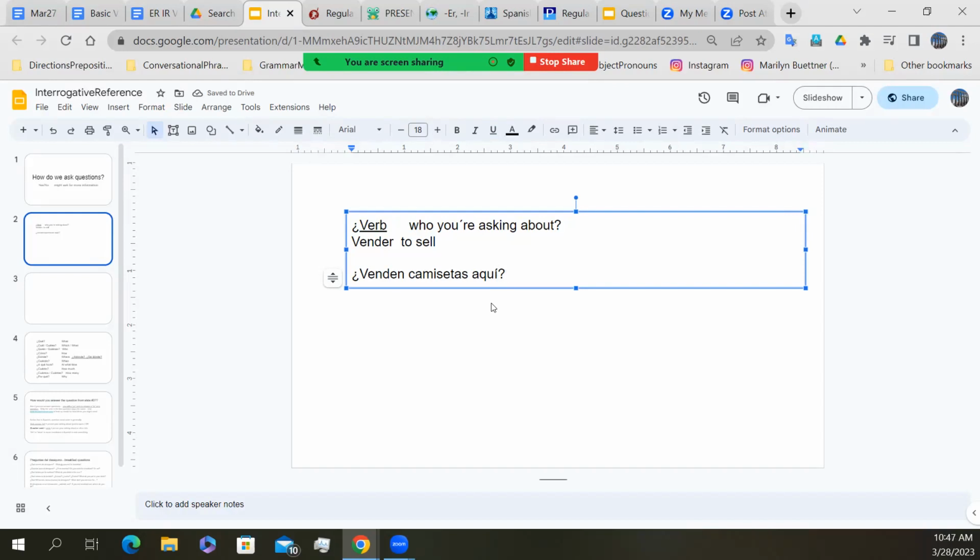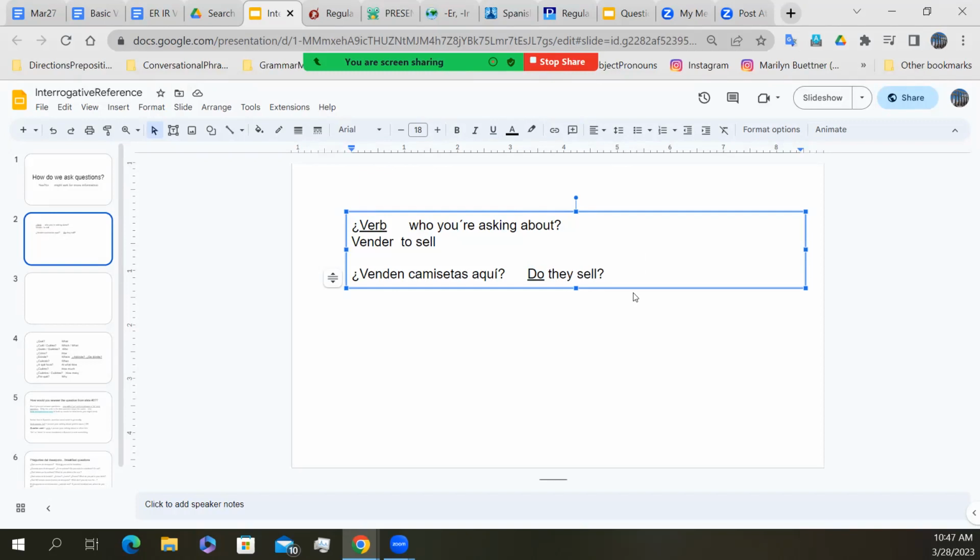Do they sell t-shirts here? That's a yes/no question. And the verb will come first, right? And notice in English, the way we would phrase this will be, do they sell, right? And we need this do or does word a lot in English, even though it's kind of irrelevant to the action of selling.